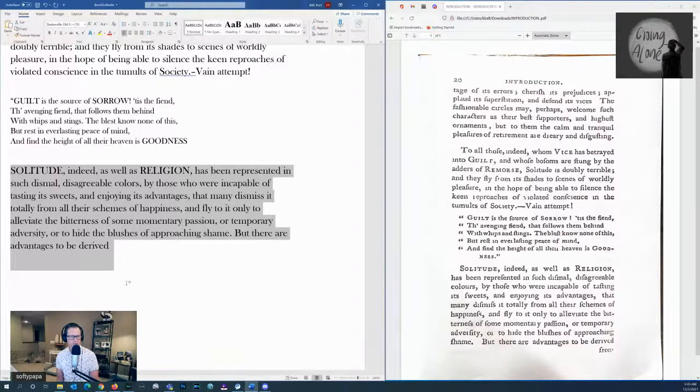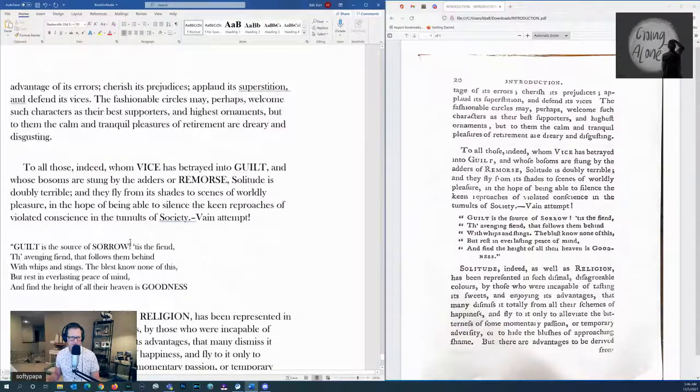So both of those have been tainted with a disagreeable color by those who don't know how to make good use of either solitude or religion, and dismiss it from their scheme of happiness, and go to it only as a source of relief from the pain of life, to hide the blush of the bad things that they've done. Let's read the whole sentence, the whole page.